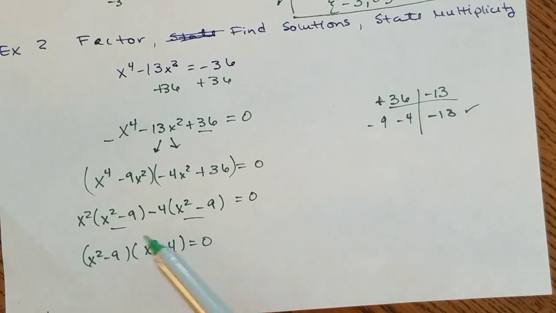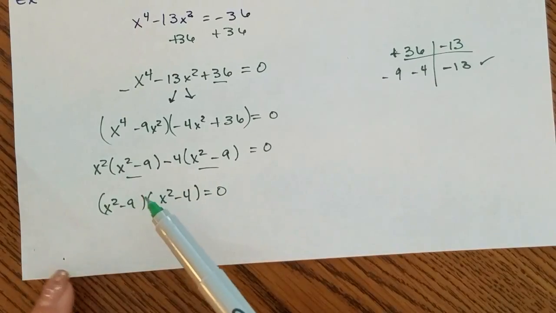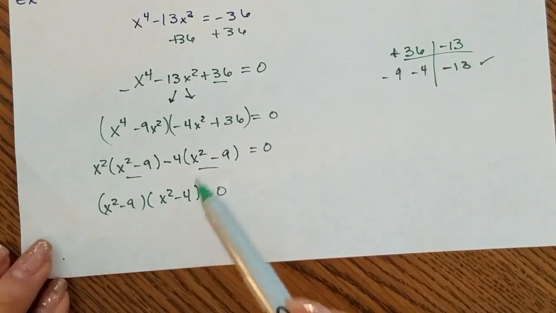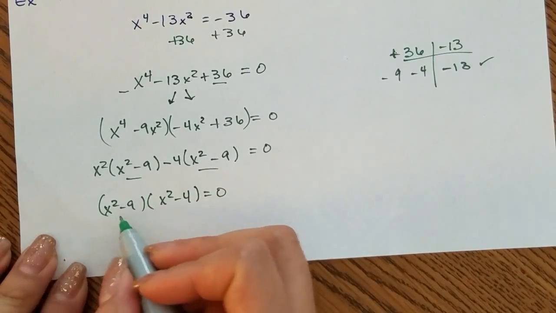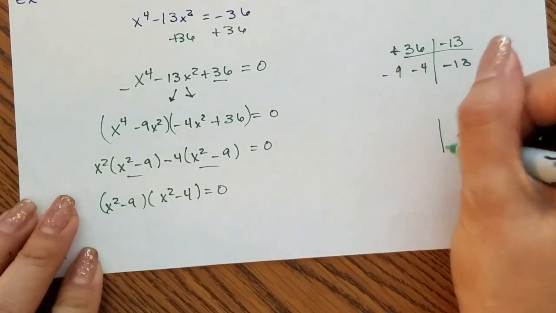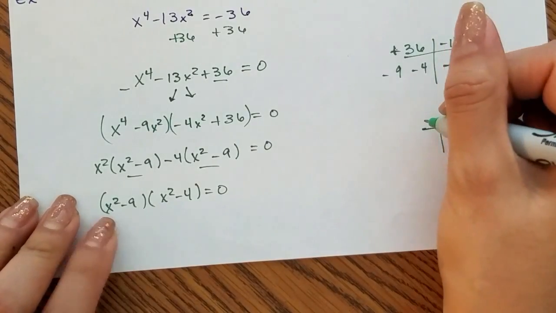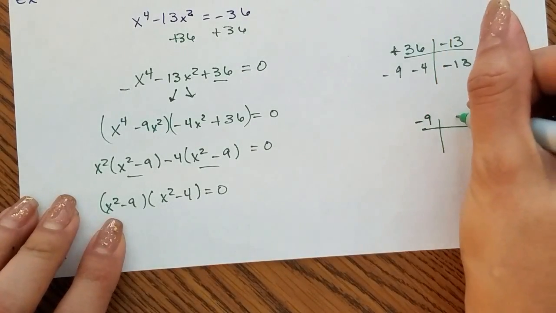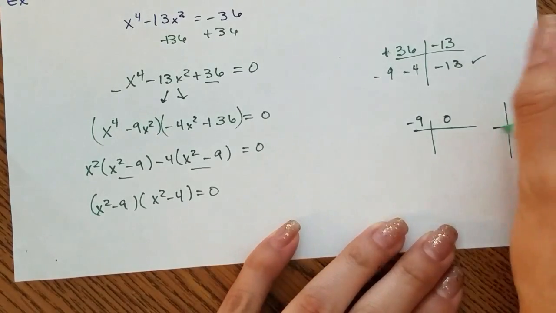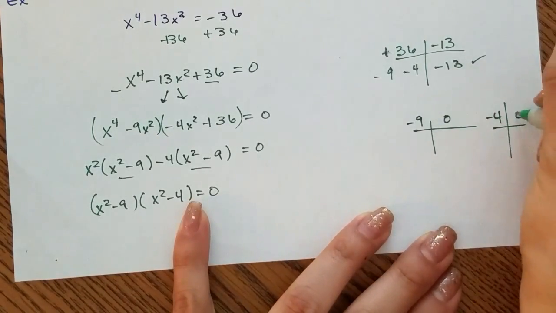And we're not done. These can be factored even further. These are the difference of squares here. So in case you don't remember, we would have 1 times negative 9, where b is 0, and the second one would be negative 4 and 0.